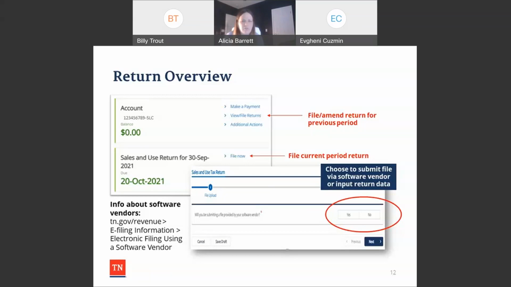Now, if you need information on which software vendors are approved for Tennessee, you will be able to find that information on our website, tn.gov/revenue, click on e-file information, and then click on electronic filing using a software vendor.